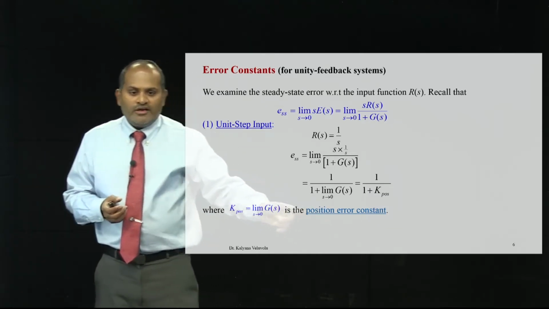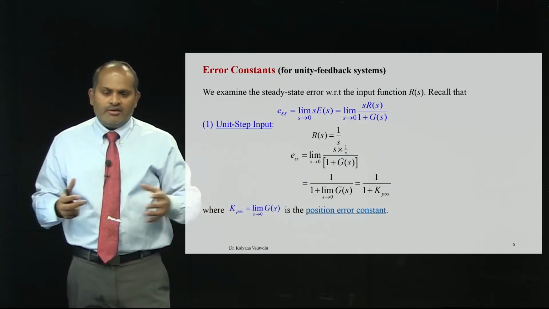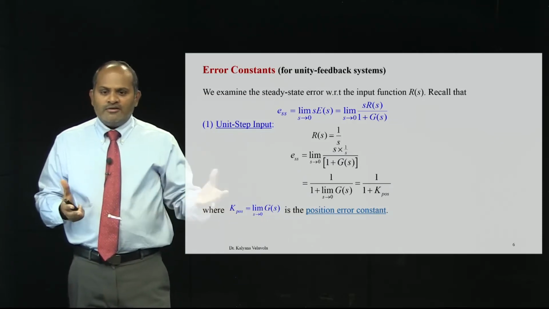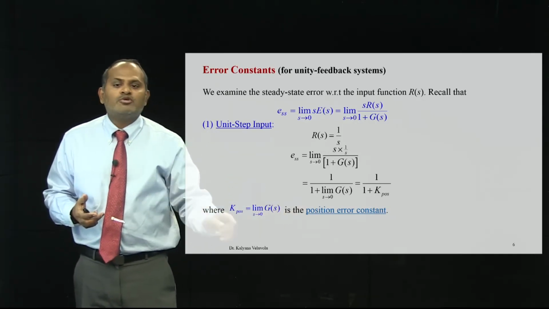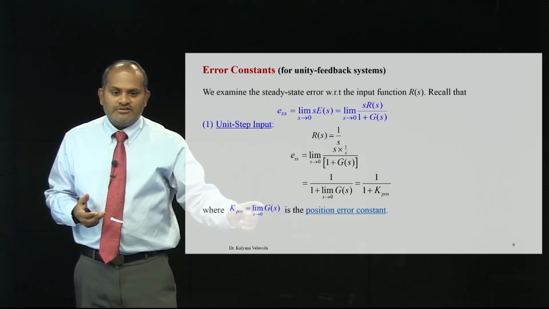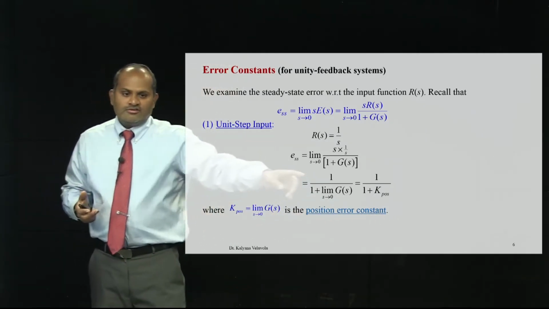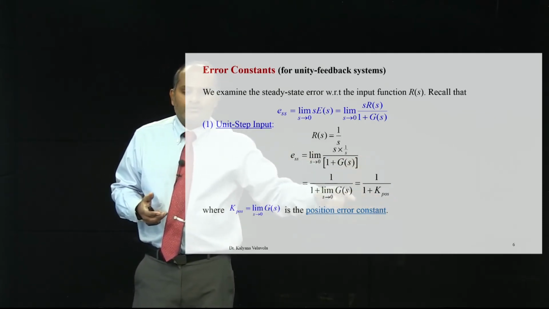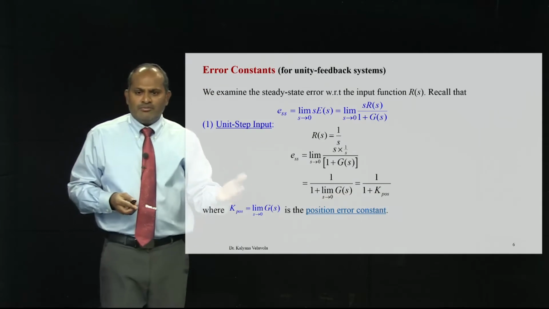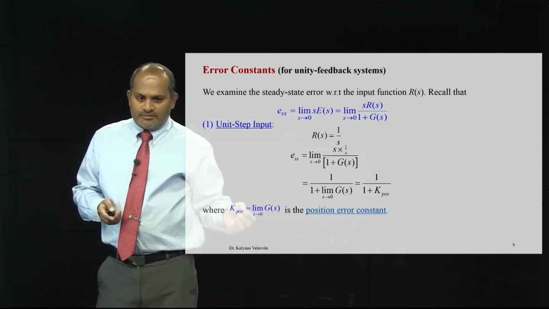We have no idea what the value is; it can be 0, it can be infinity or any value. So, we term this k position, that is limit s tends to 0 g of s. This is what we call the position error constant. So, I can write the steady state error as 1 by 1 plus k position. This is how simply we can define the error constant for unit step.